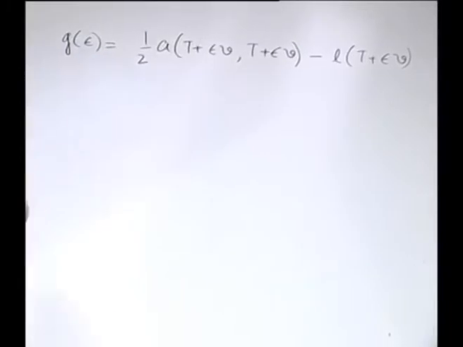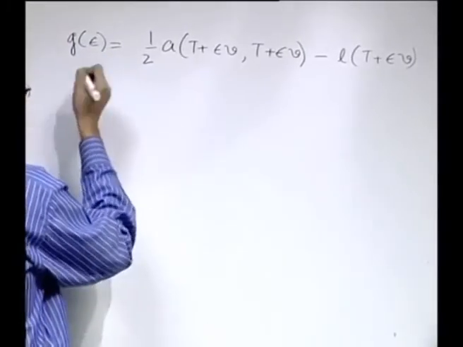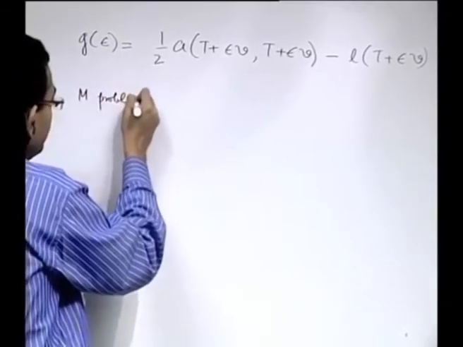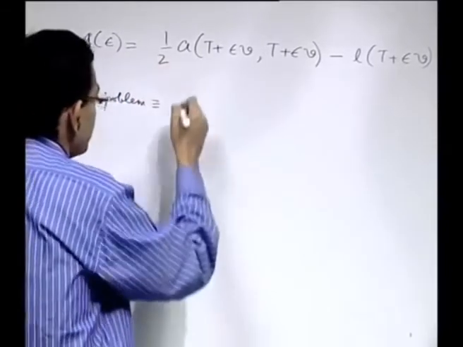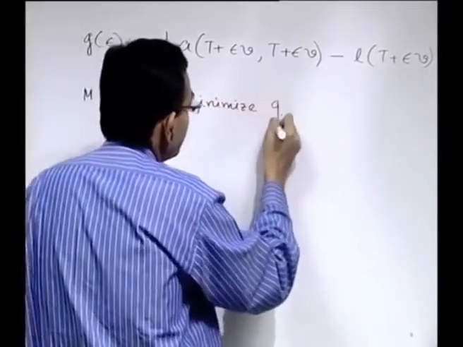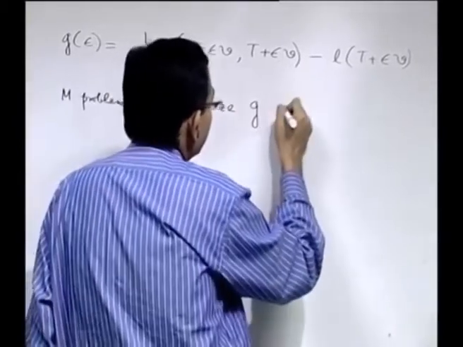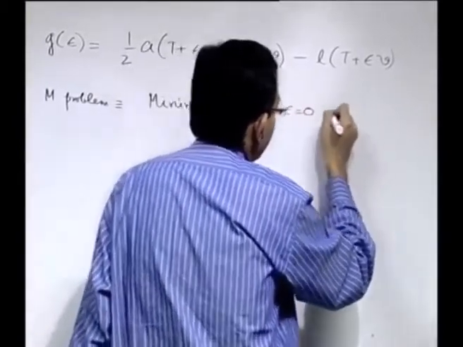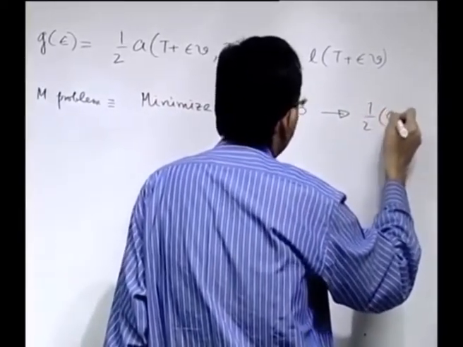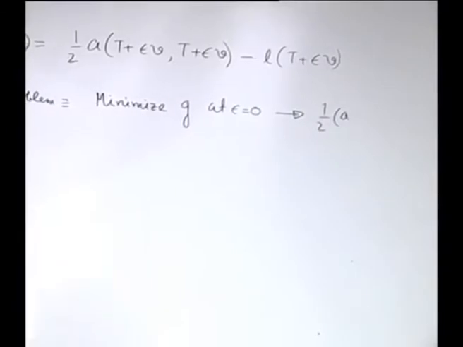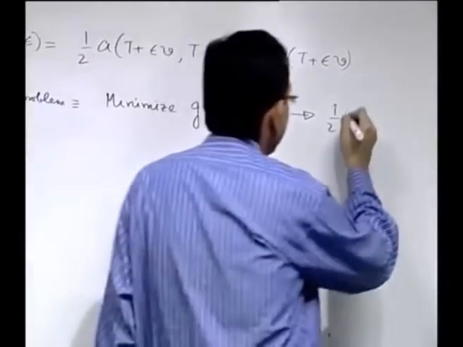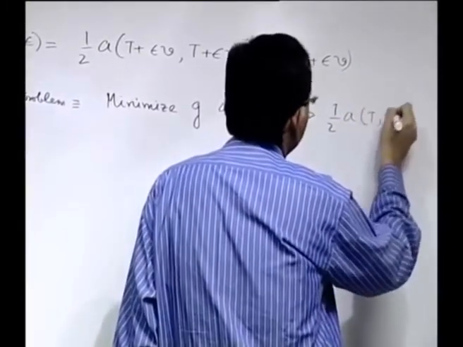And we define a minimization problem, say that the M problem or the minimization problem is equivalent to minimize G at epsilon equal to 0, that is minimize half ATT minus LT.